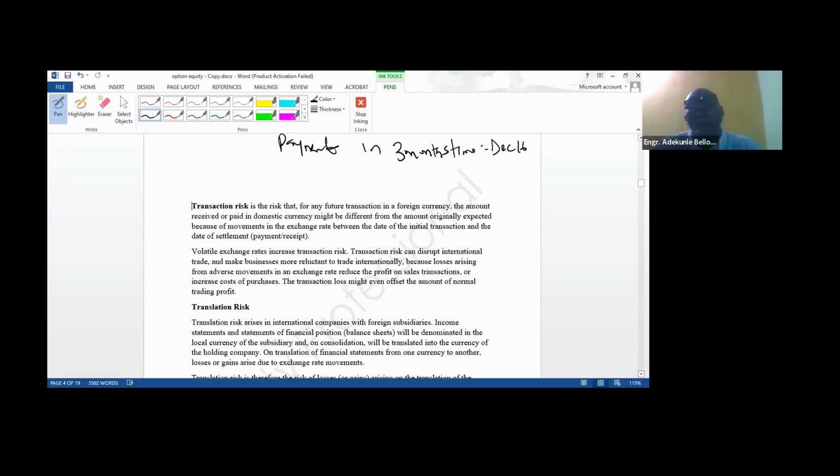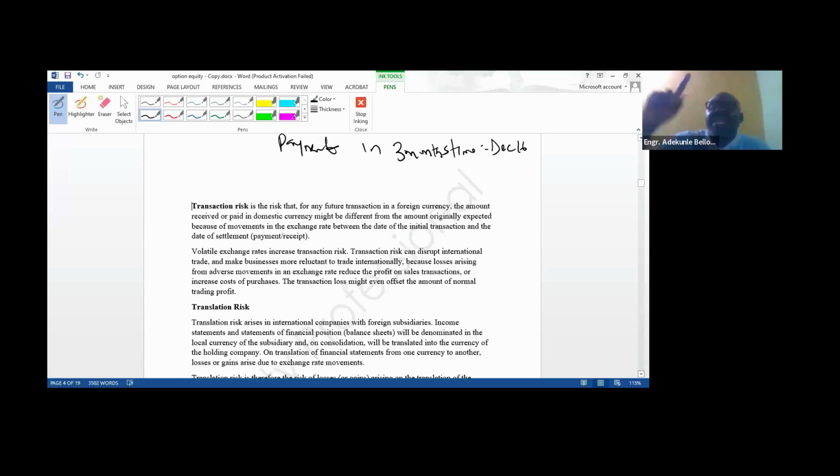But you are going to pay in 3 months' time. Now, are you sure of the exchange rate? Assuming you are paying today, we know the exchange rate between dollar and naira today. But you are going to pay in 3 months' time. Do you know the exchange rate between naira and dollar in 3 months' time?